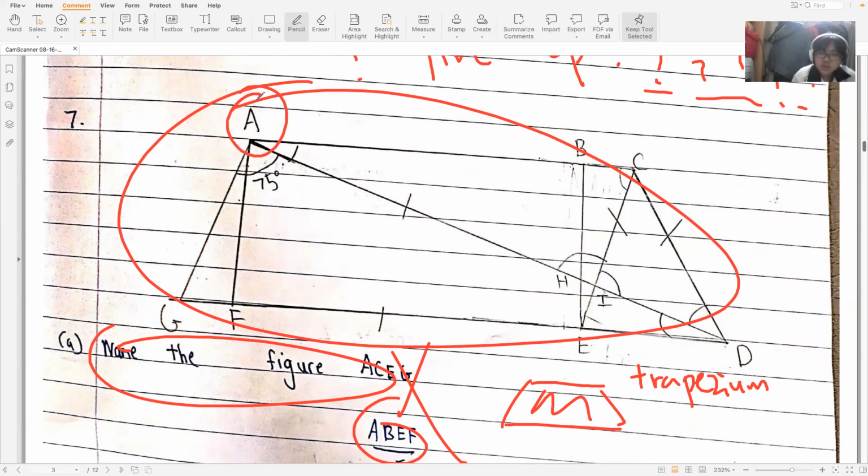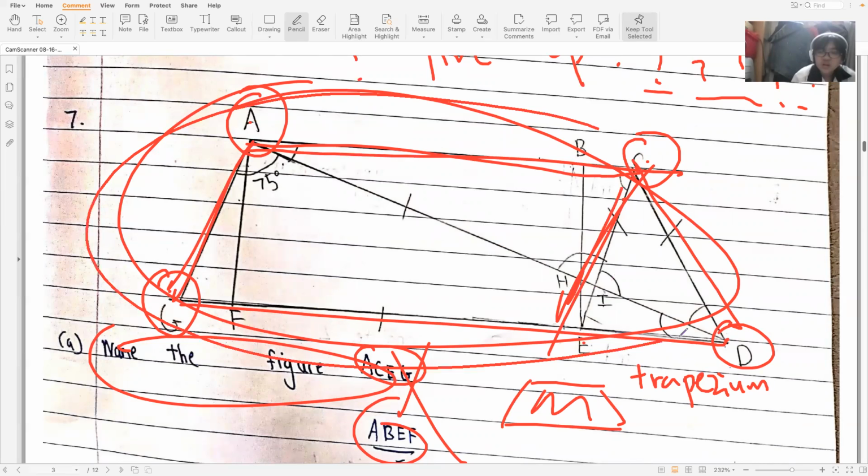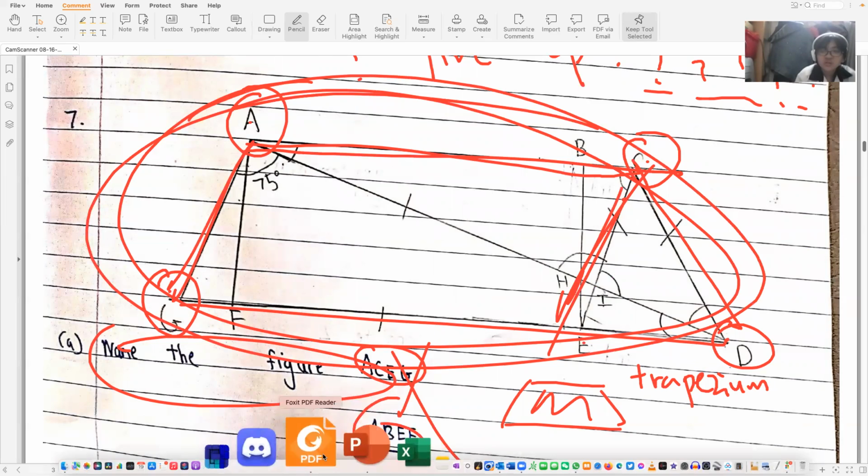And this trapezium is ACEG, because this is the whole thing. They ask for the whole thing. They are not asking for just this part. They're asking for the whole thing. Are you clear or not? Yeah. That's why it's called figure.